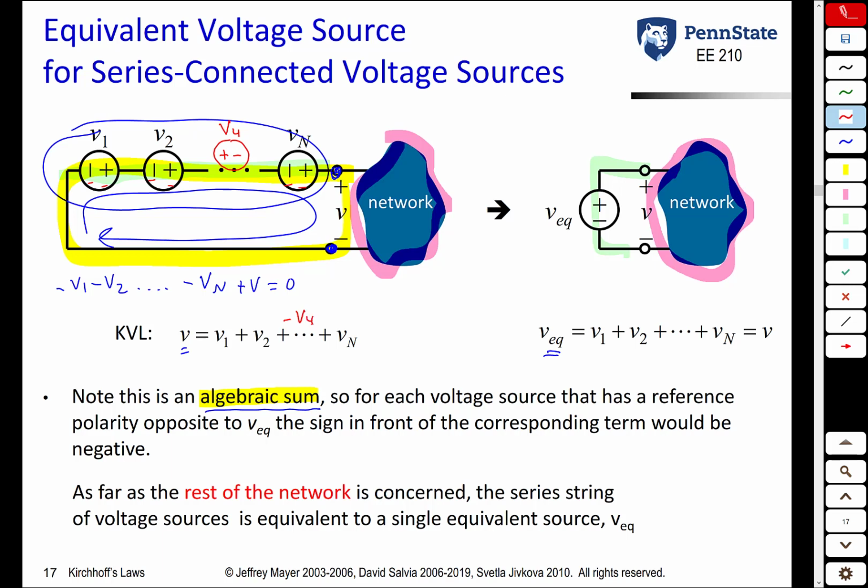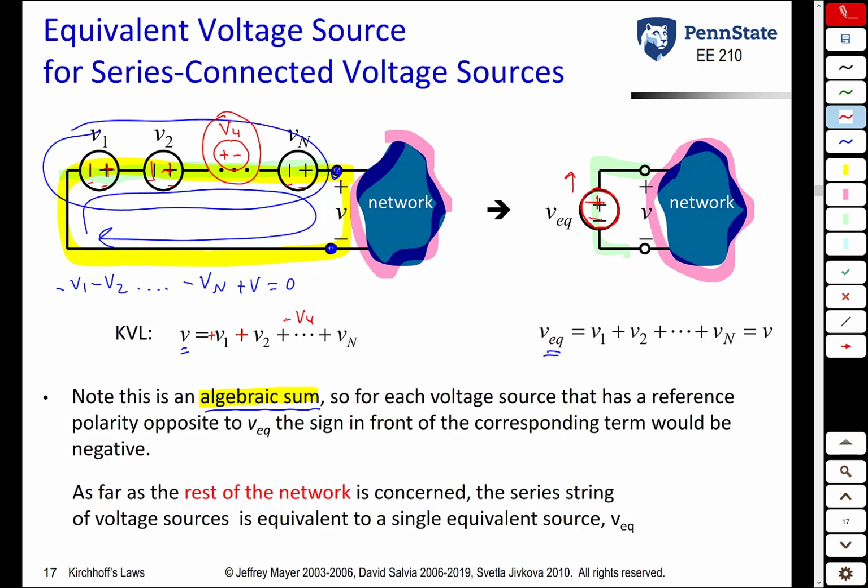A way to think about this is you think about the orientation of your equivalent source. Your equivalent source is trying to push current in that direction because that's how we have the plus. So any source that has the same orientation, you put a plus before it. Any source that has the opposite orientation, you put a minus. And we'll see this with an example.